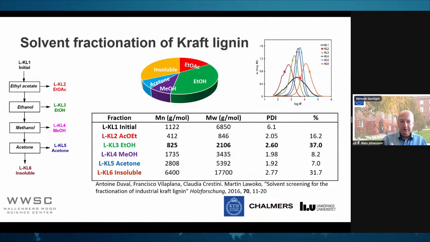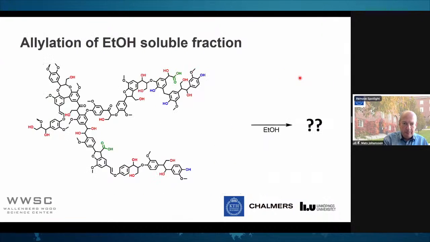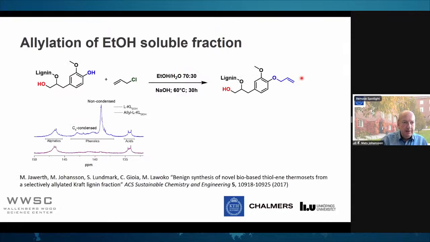So here we start to have a sort of library of lignin fractions to see if we can employ in thermosets. And the question here first, can we do the same functionalization, the allylation, on this type of structure in benign conditions and get the resin? So yes, with a little bit of optimization of solvents and conditions, we can see that we can do this allylation on the phenolic structures in these lignin fractions.